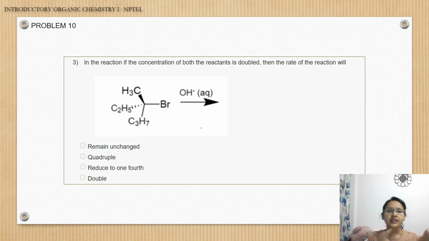So if the concentration of the reactant is getting doubled, then the rate of the reaction is getting doubled. So here what will be the correct option? Option number 4. Yeah. So is it understood to all of you? Any query?